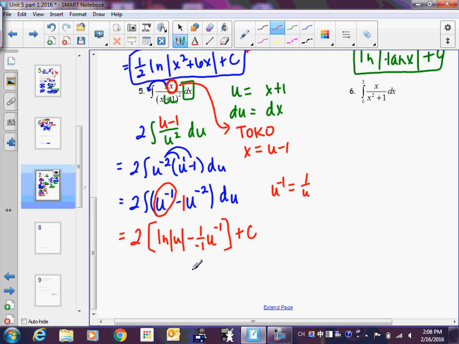I want to make sure everybody understands why I did these two differently. If you add 1 to the power and you get 0, that's a red flag that you missed a natural log connection. Okay, integral of 1 over u, integral of u to the negative 1, that's new today. That's natural log of absolute value of u.